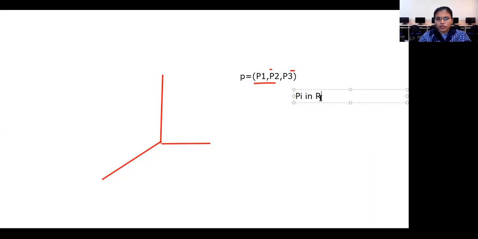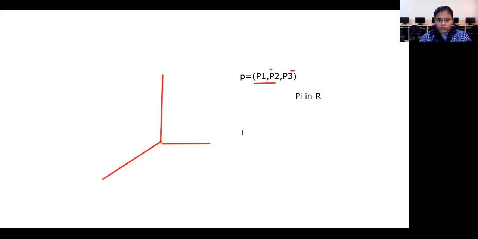So if I want to draw any point in an E3 space or R3 space, it is simply the X, Y and Z coordinates. As it was introduced by Euclid, it is called a Euclidean space.